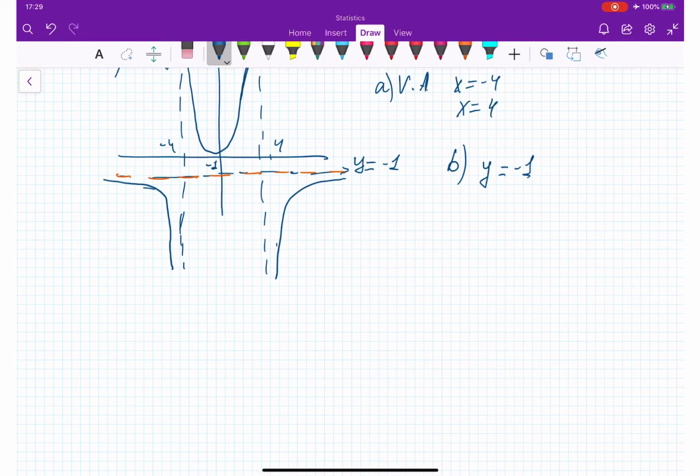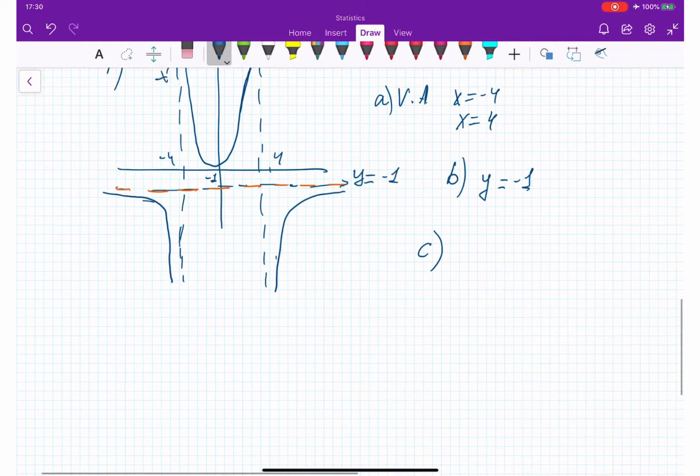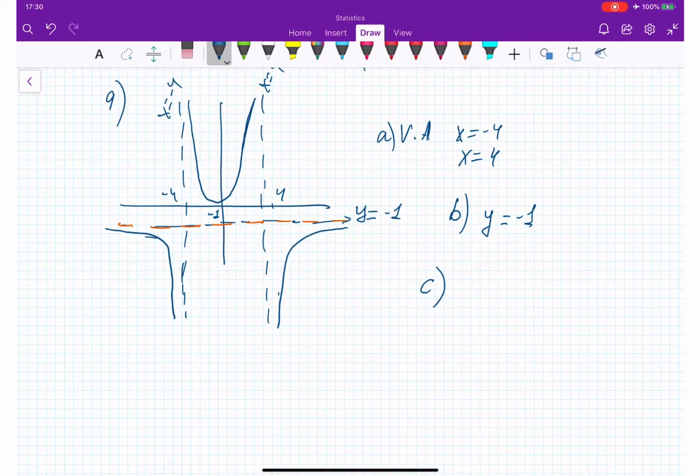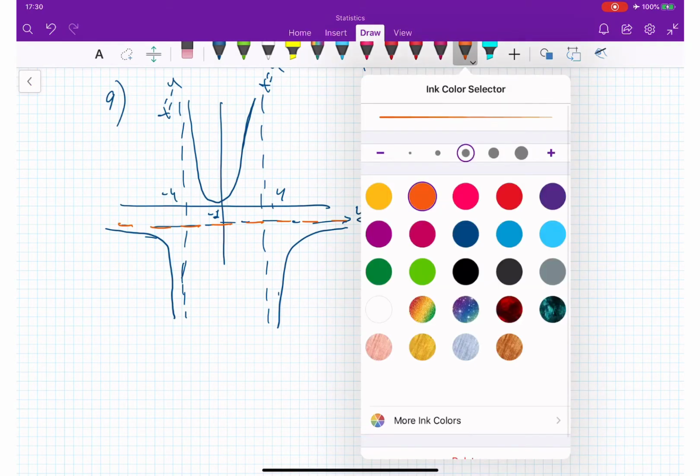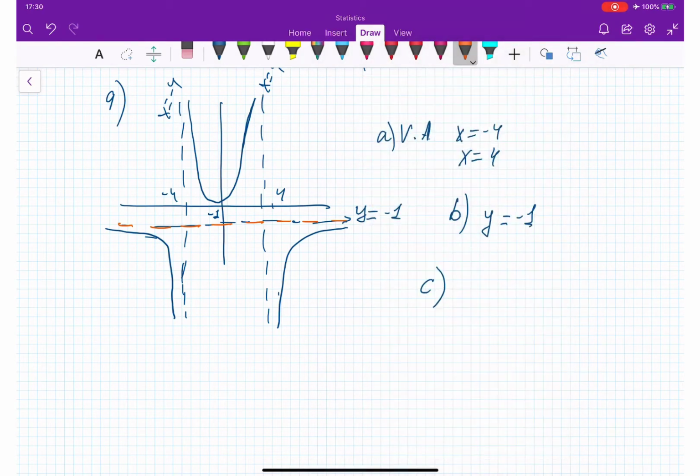And lastly, let's look into domain. So what do we have as a domain? What value do we have here? So one piece, let me take this one. One piece till negative 4, from negative infinity to negative 4, and then from negative 4 to positive 4, and then from positive 4 to positive infinity.